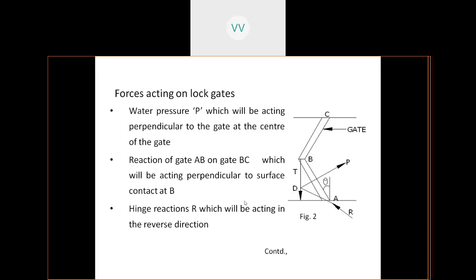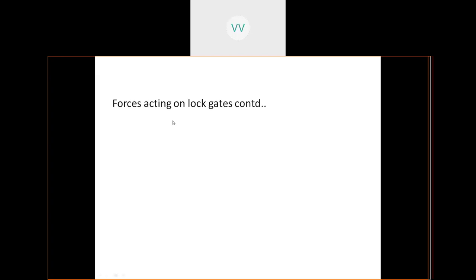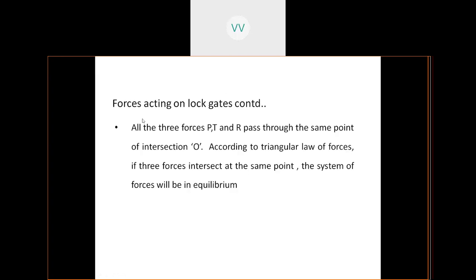So here the forces acting on the lock gates are all the forces P, T and R. They pass through the same point of intersection O. So according to the triangle law of forces, if three forces intersect at the same point, the system of forces will be in equilibrium.